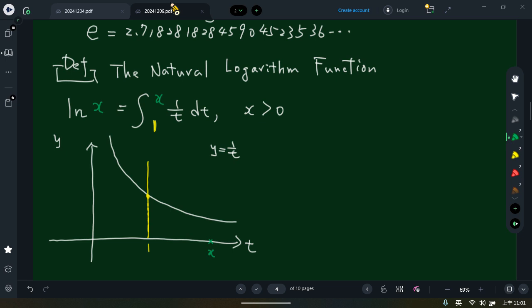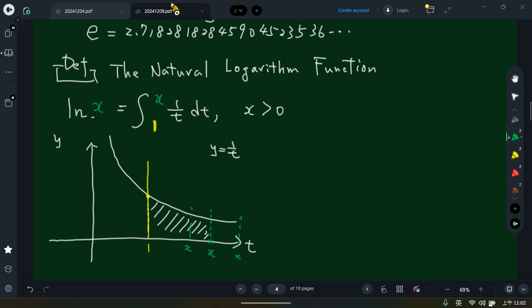So, for example, if x is here, if you want to get ln x, it's like you try to get the area under this curve, 1 over t, between 1 and x. x is possible here, and of course, x is also possible here.